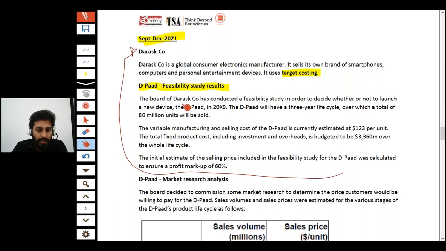The board of Darask Co. has conducted a feasibility study to decide whether or not to launch a new device, the D-pad, in 20x9. That means it would be 2019. The D-pad will have a 3 year life cycle.